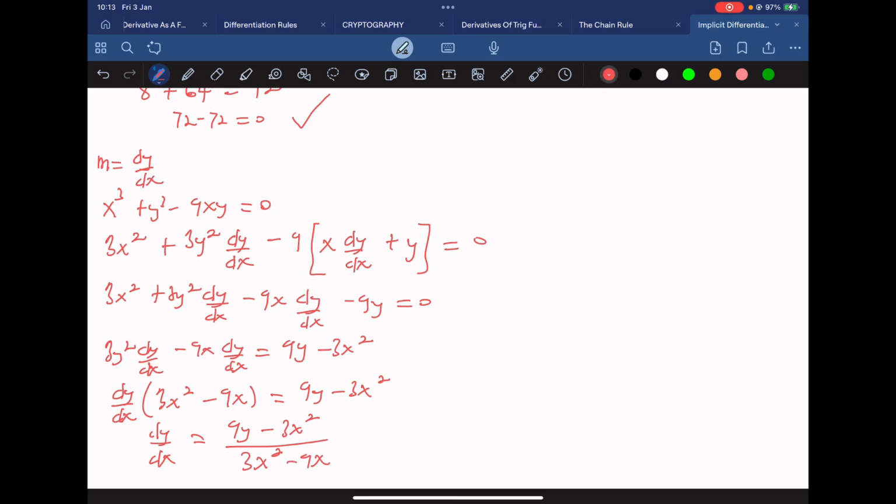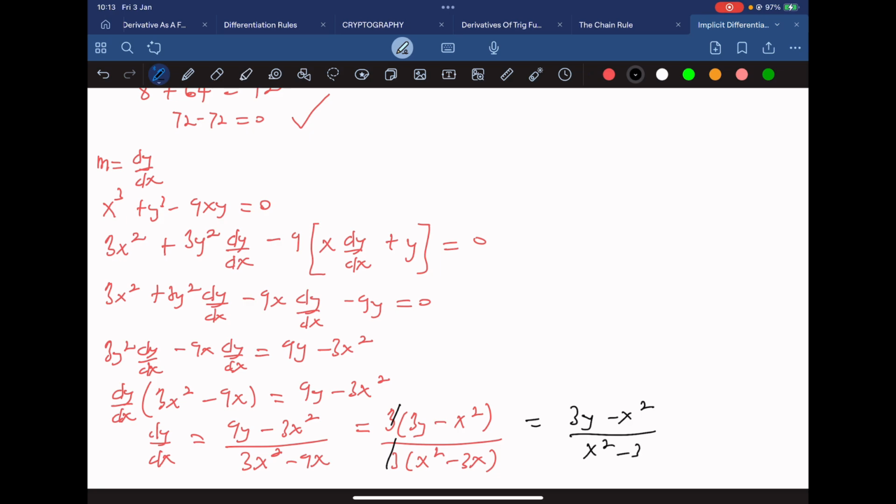You can leave your answer like this, or clearly you can see that 3 is a factor in both the numerator and the denominator. So you can factorize it out. So you have 3 times y minus x squared. In the denominator, you have 3 outside, so you have y squared minus 3x... Note, you can't cancel out this and this.